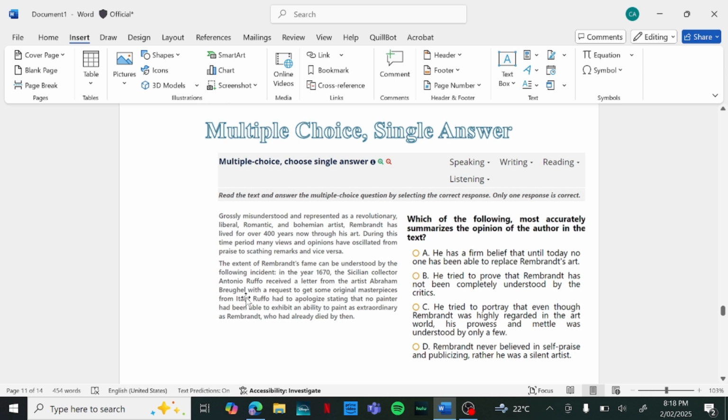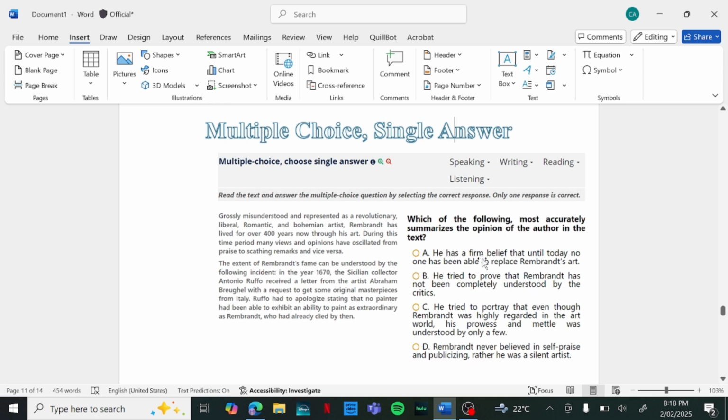Over here, see? No painter has been able to exhibit an ability to paint as extraordinary as Rembrandt, who had already died by then. The year they were looking at is 1670. It's very important for you to pay attention to what comes before. What does this answer say? It says, until today.